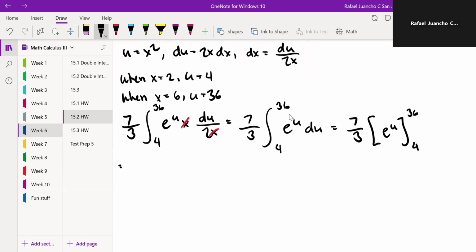And so yes, this gives me e to the 36 minus e to the fourth. It's e to the fourth. No, it's not.